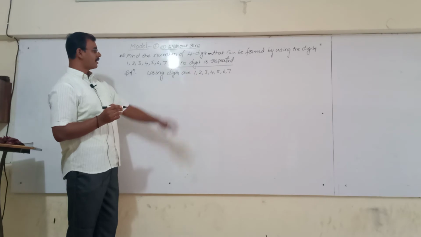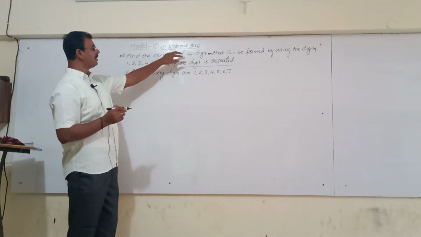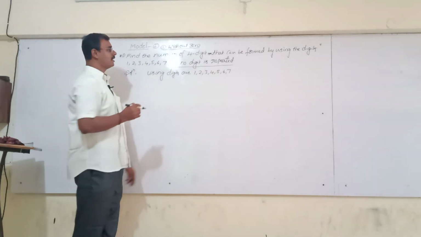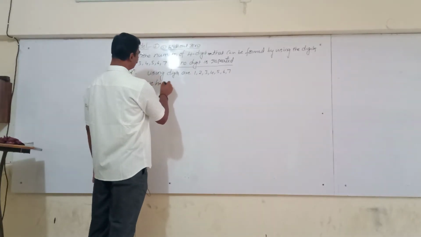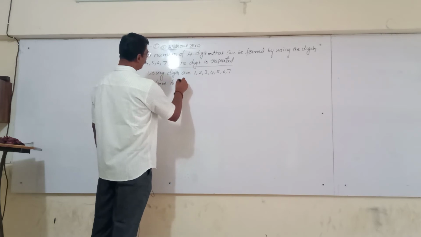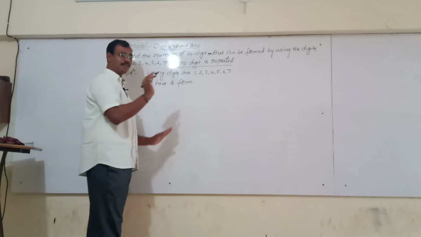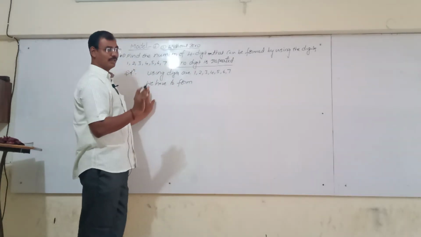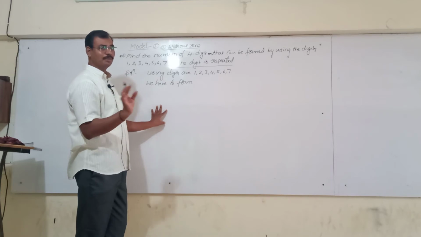So the digits are 1, 2, 3, 4, 5, 6, 7. Which kind of number do we have to form? 4-digit numbers. This is totally a counting technique. Using the technique only we have to solve; no formulas, nothing here, very simple.